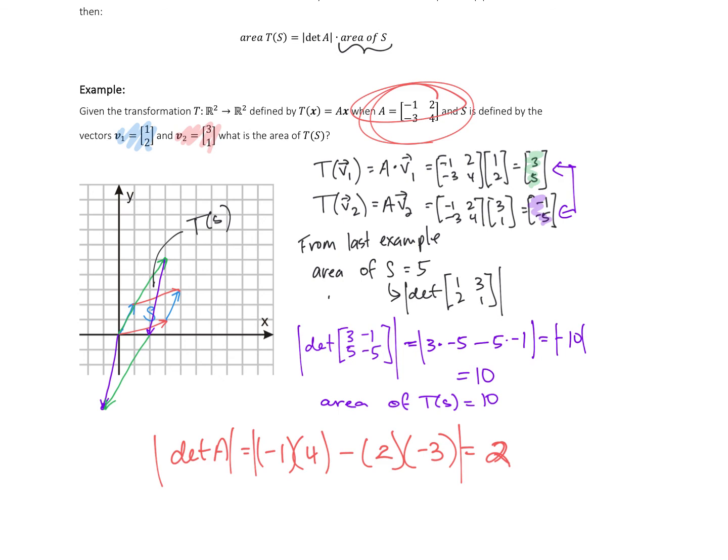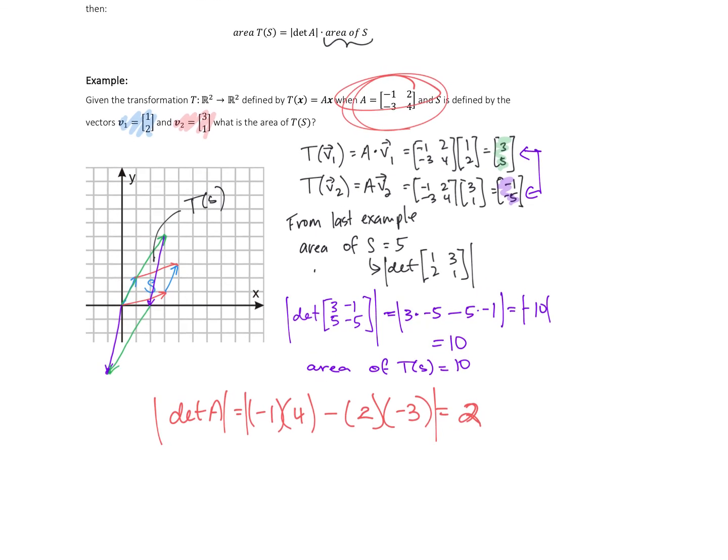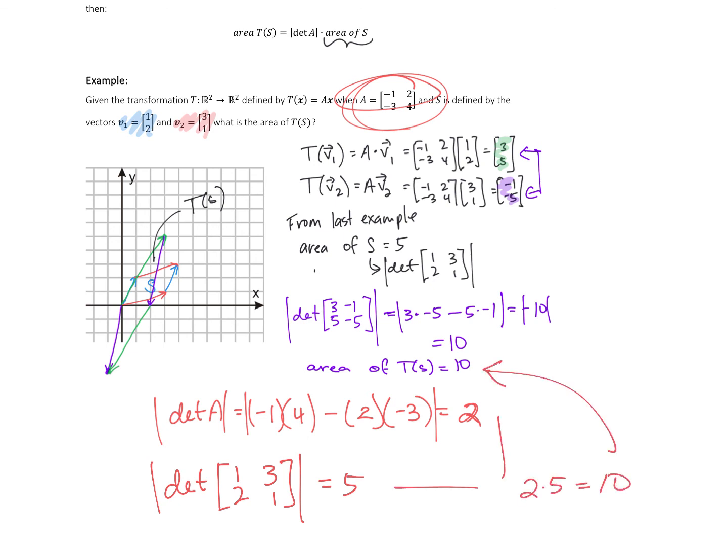And the determinant of the matrix created by the original vectors had absolute value 5. 2 times 5 is 10, which is exactly what I got by finding those transformed vectors. So I don't need to find those vectors. I can just take the determinant of the A that's given and the determinant of the vectors that are given, and we're done. So, what are we talking about next? Well, that's it. Beautiful.